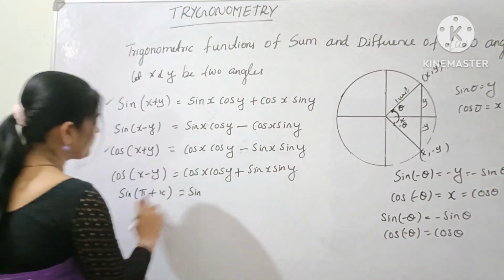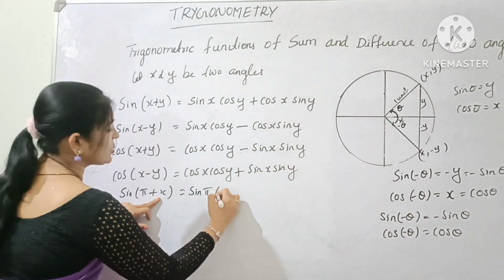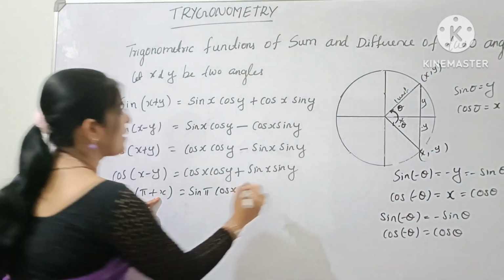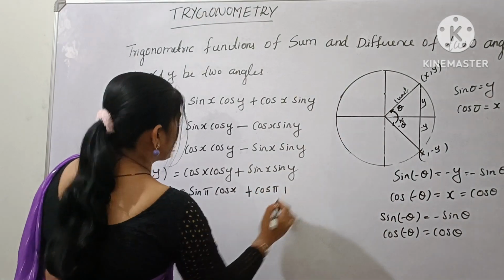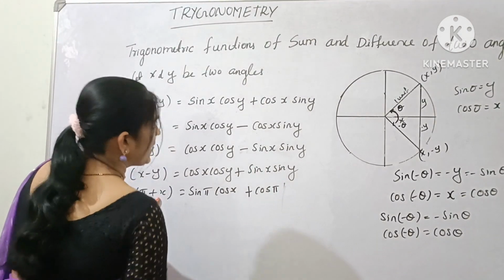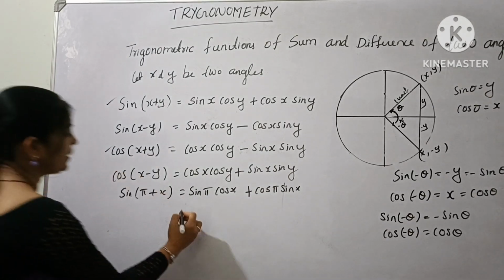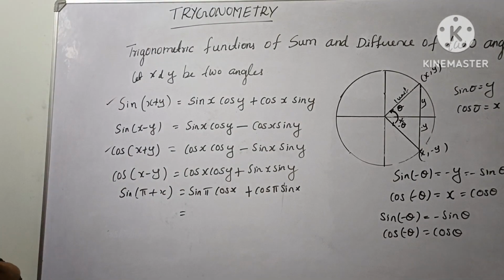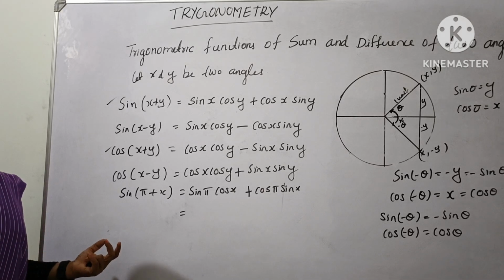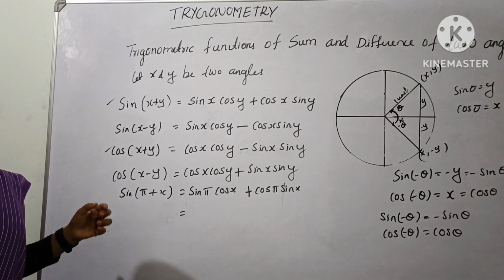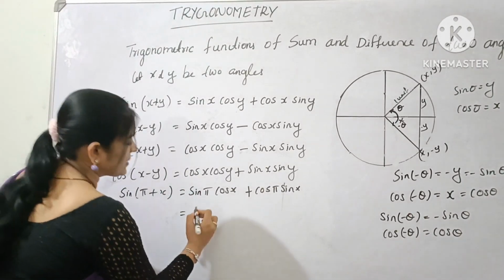Apply the formula: sin pi cos x plus cos pi sin x. Here, what is the value of sin pi? Sin pi is 0. Sin 0 is 0, sin 2 pi is 0, that is, sin n pi is 0.